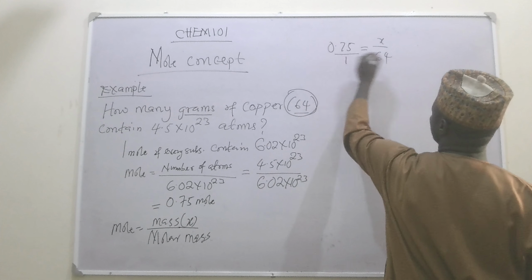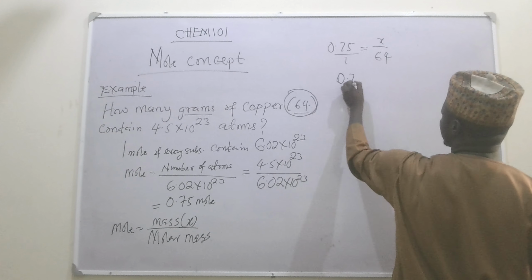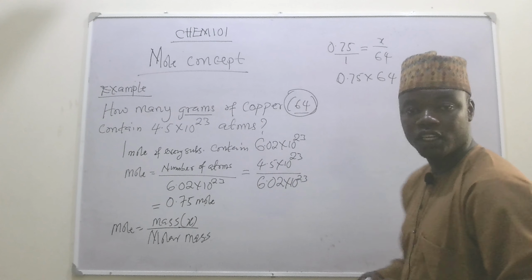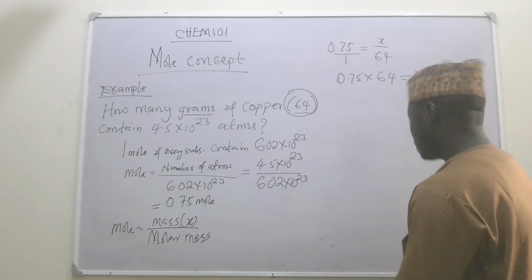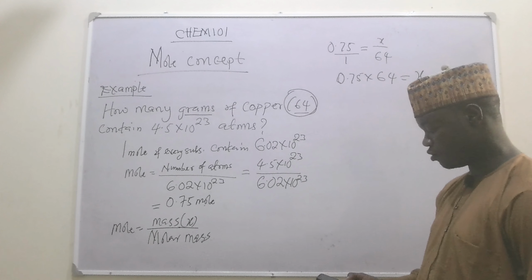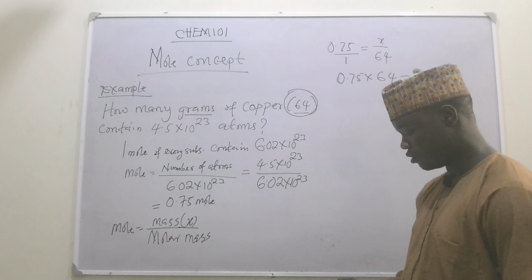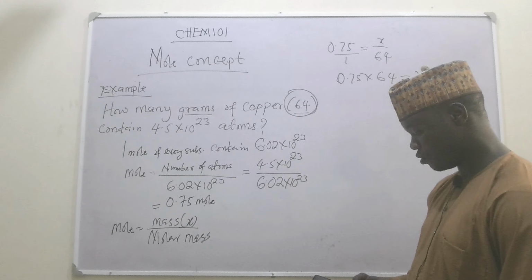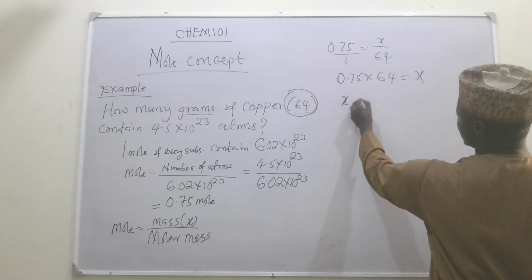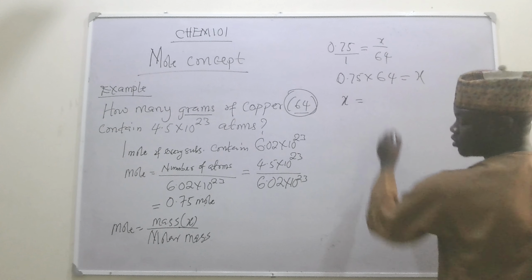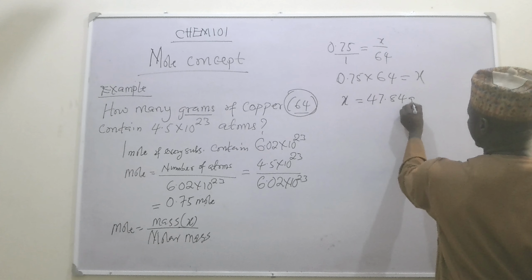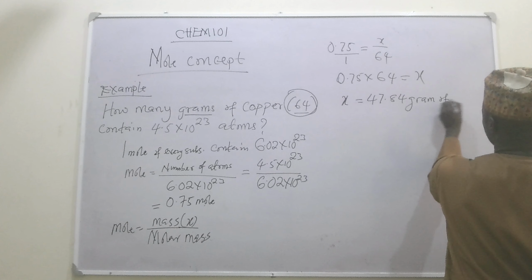We cross multiply: 0.75 times 64 is equal to X. So X is equal to 47.84 gram of copper.